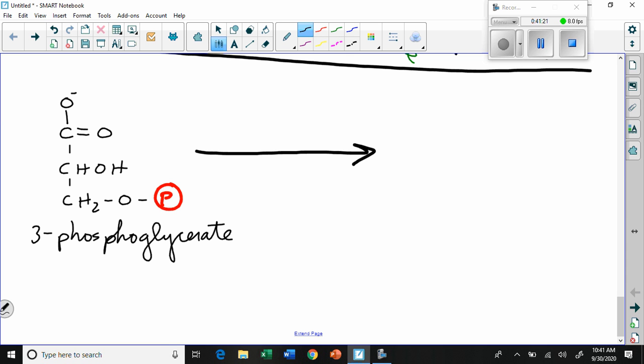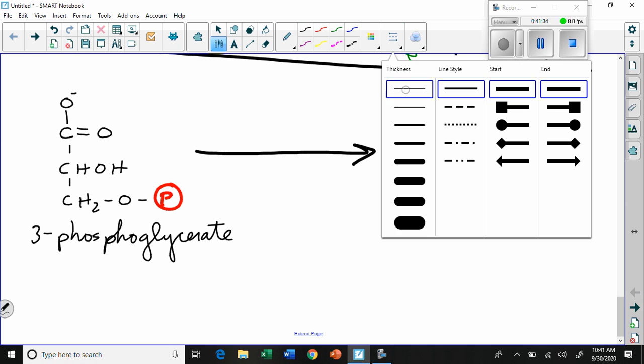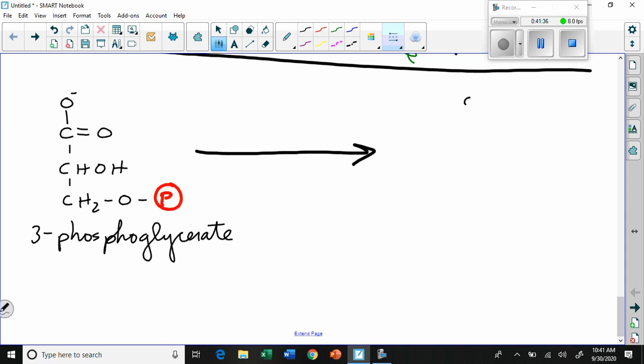What happens here is interesting. The phosphate group that is at the bottom, the P, is simply going to be pulled off and reattached in a different spot. It's a relocation of the phosphate by this enzyme. Okay, so the new molecule looks like this.